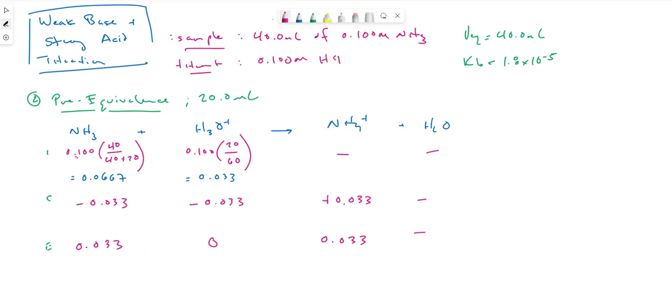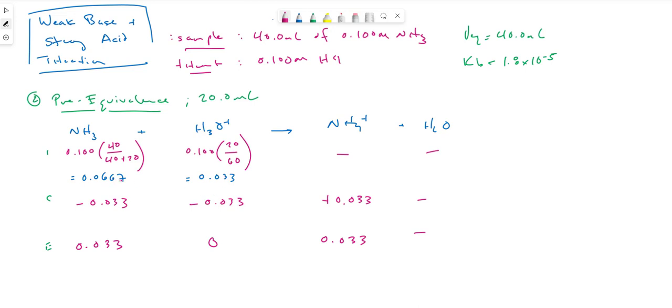If you remember from the previous video, I like to take the initial concentration and multiply by its volume. That gives me moles in principle, and then divide again by the new volume, because we had the old volume, 40 mL, plus the 20 that we added. That gives me the concentration of NH3 before we've allowed these things to react. The same is true for the H plus, or H3O plus: starting out with 0.1 molar HCl, 20 mL of it, that gives you the moles, divided by the total volume, which is 60 in this case.